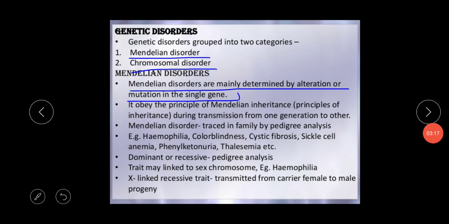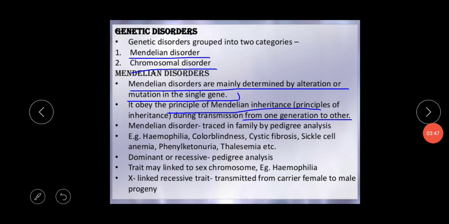So it obeys the principles of Mendelian inheritance during transmission from one generation to another. These kinds of diseases are transmitted to the next generation according to the principles of inheritance from Mendel's laws. Already we have discussed Mendel's 3 laws, first law, second law, and third law. This is the main thing about Mendelian disorder.